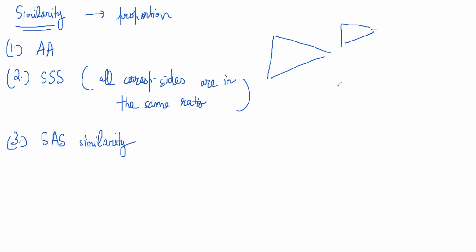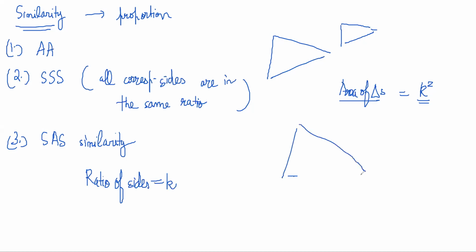Now the areas of similar triangles will be proportional to the square of the ratio of the sides. If that ratio of sides is equal to k, then the area will be in k square, because in similar triangles every length becomes k times.